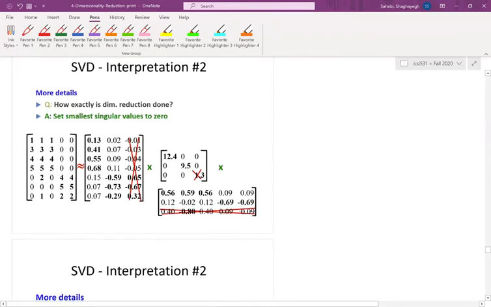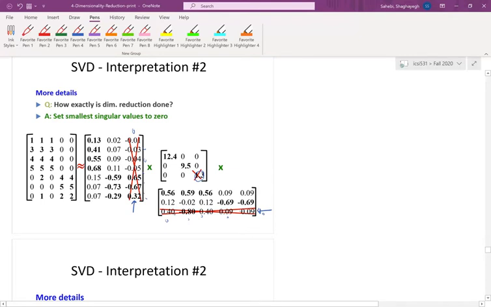But when I set this guy to 0, in the multiplications, it is as if I am removing this vector, like this column and this row. So it doesn't matter if I keep the numbers in these two or I just set them to 0. The multiplication is going to stay the same. You can try and see it actually.